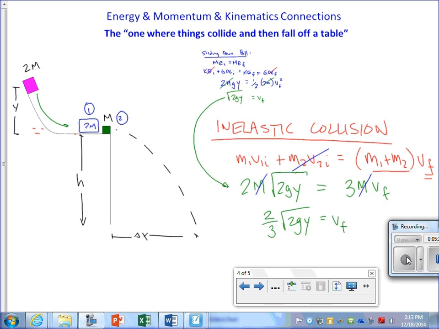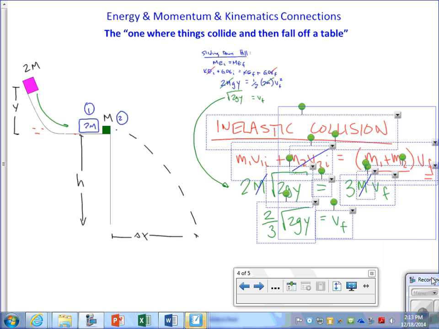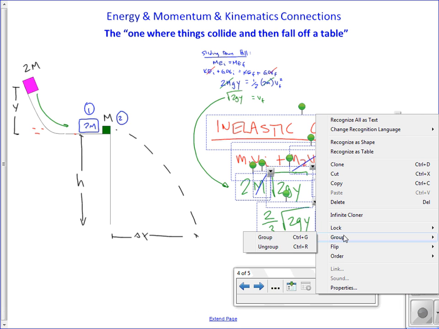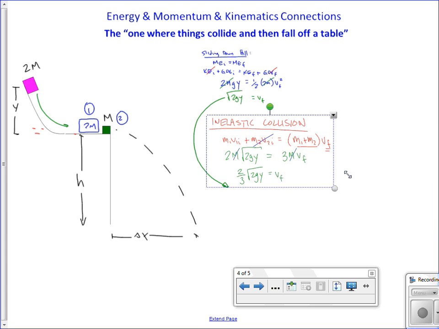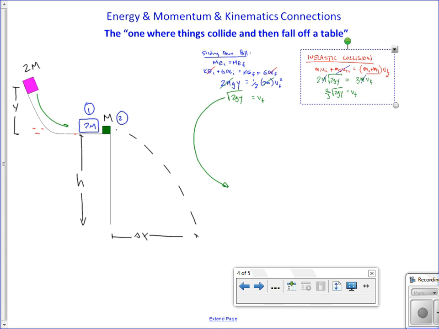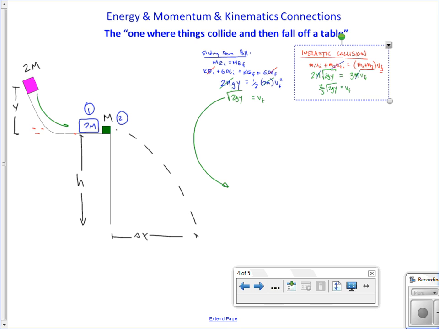Well, this now becomes this system's speed as it starts to do the horizontally launched projectile thing.